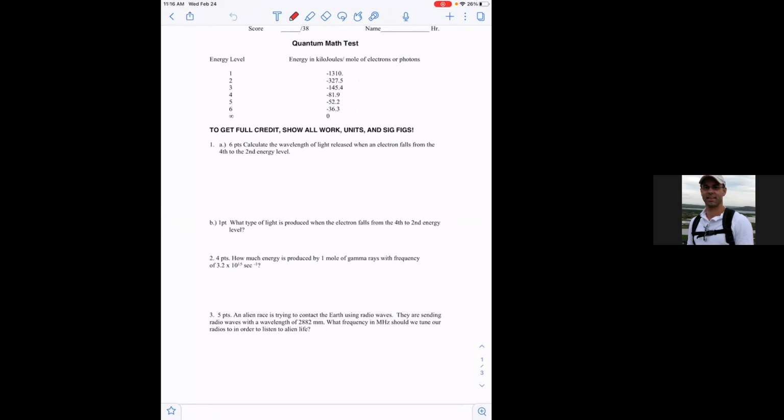All righty. All right, here we go. So we're calculating the wavelength of light released when an electron falls from the fourth to the second. So my change in energy is equal to the final minus the initial.